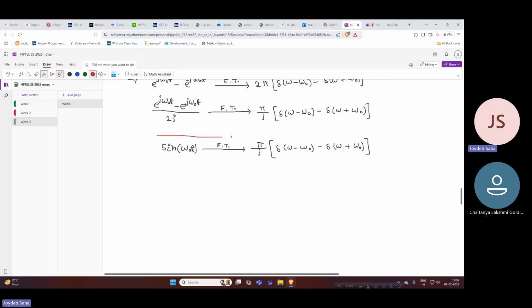So this is the answer. This is the Fourier transform of sine omega 0 t.